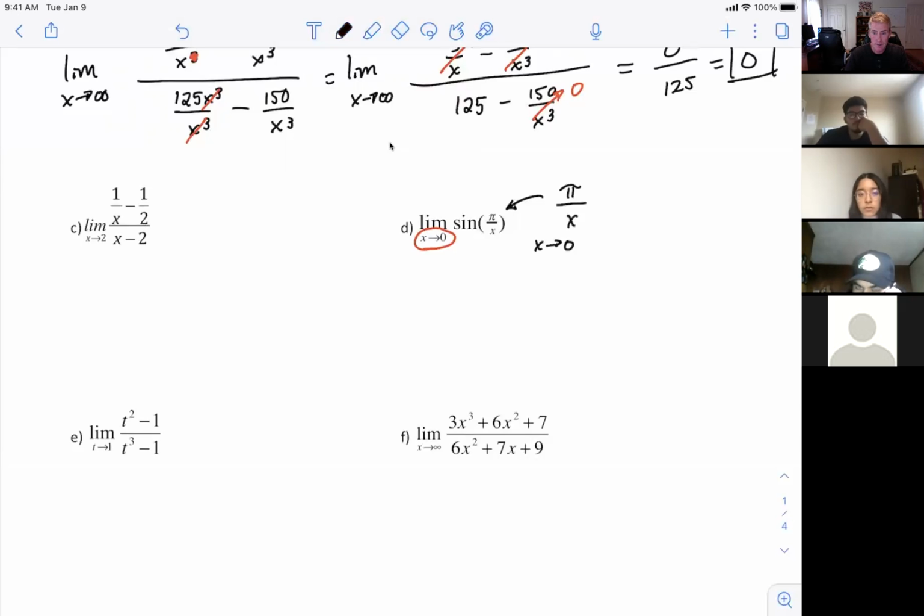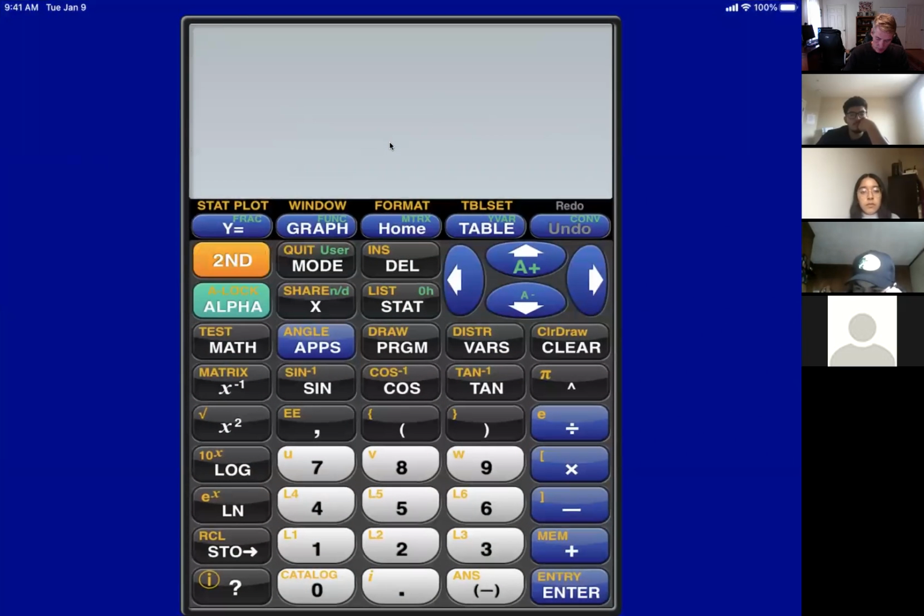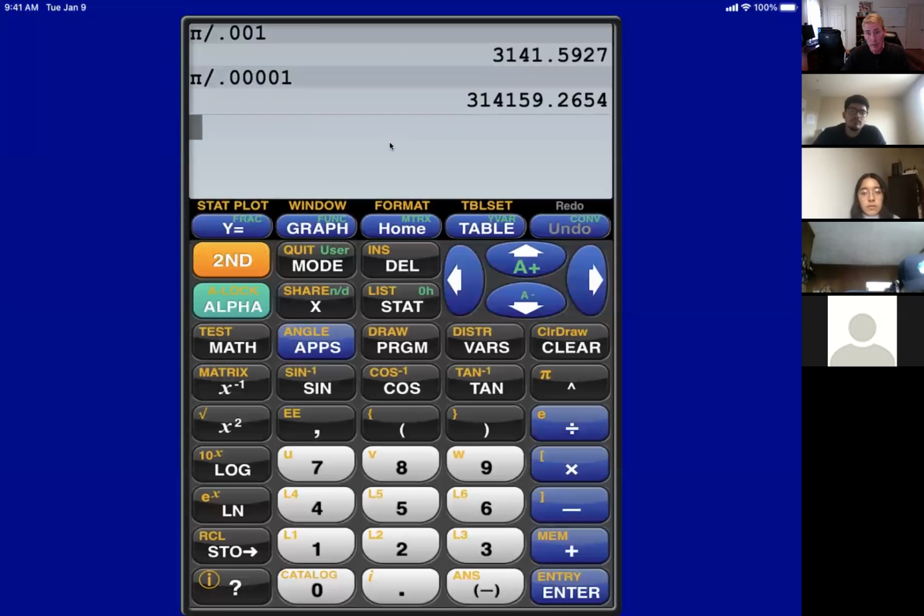So if it's pi divided by a really small number, it turns out that it's like 3,000 and something. And then if it's pi divided by an even smaller number, now it's 314,000 and something. And then one more pi divided by something really small. And now it's like in the billions. So that means that it's going to infinity.